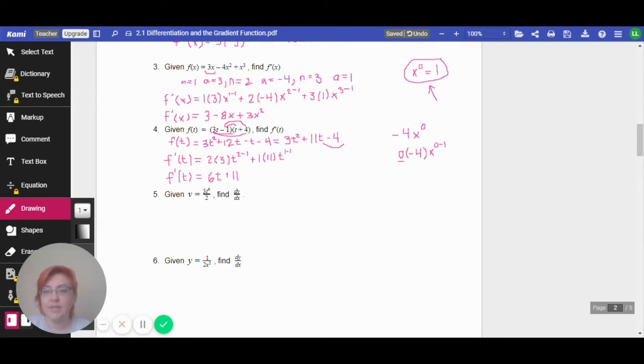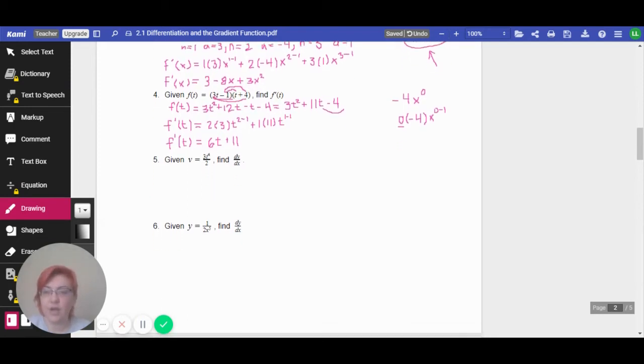Okay, next we're going to find the derivative if this should be a t, and the reason why that should be a t is because this is a t.